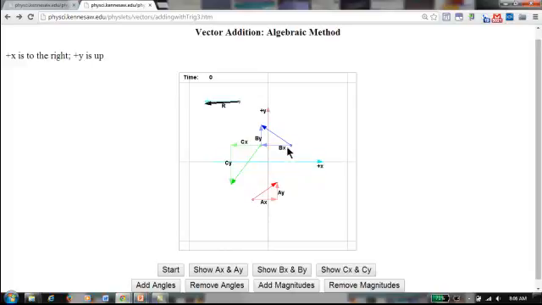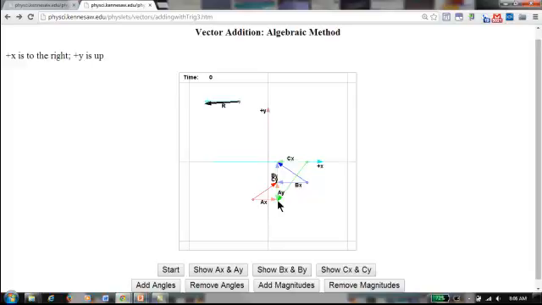Similarly, we can do the same thing with the y components. Tail of Ay. So I'm going to put at the tip of Ay the tail of By, and then at the tip of By I'm going to put the tail of Cy.